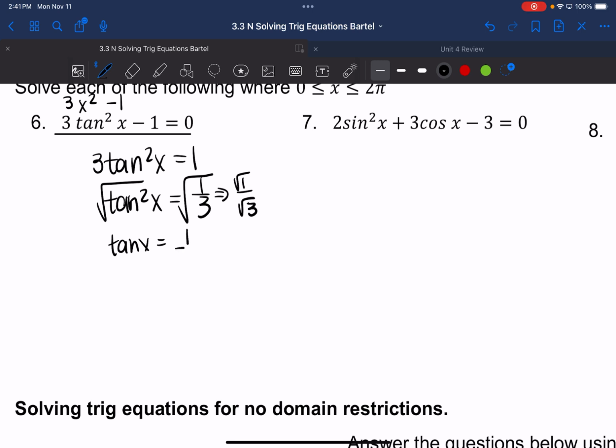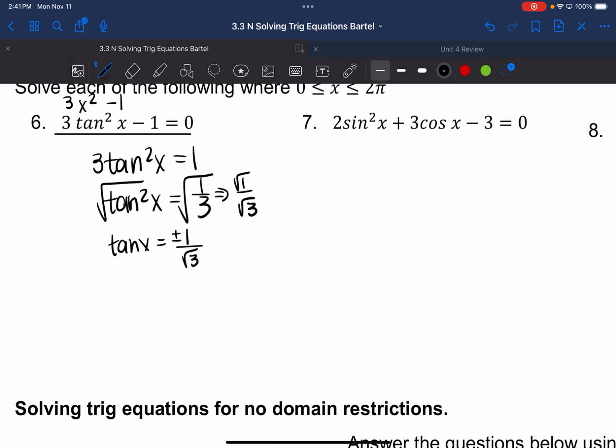Okay, over, is there a square root of 3? A perfect square root? No. Okay, so I'll leave it as square root of 3. Now, but remember, guys, anytime I take the square root of something, I have no way of knowing if it was originally a negative or a positive, right? So when we take the square root, we have to put plus or minus.